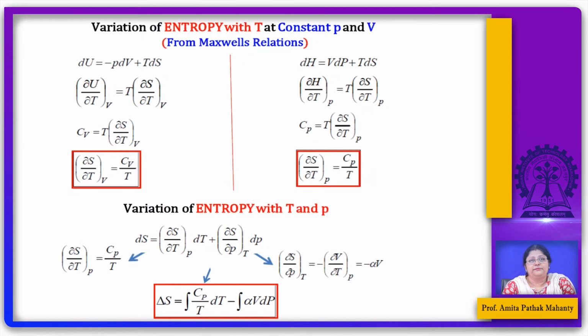What I'm trying to say is that the same thing can be done for the variation of entropy once you have done the Maxwell's relations. Once you have the four sets of fundamental equations you begin with, you can find out what is going to be the change in U with temperature, because that's what you are aiming at.